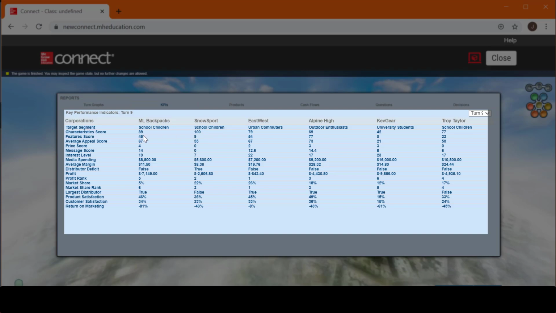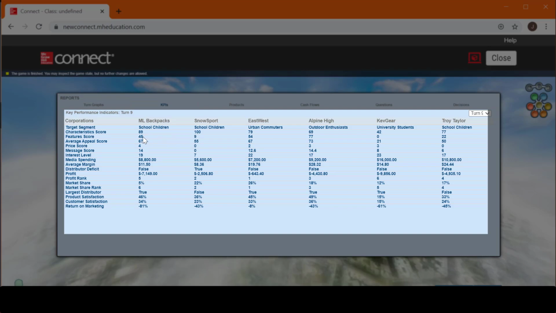Feature score takes a look at the different things you can add on to the backpack, like a solar panel or a GPS or a university logo, things like that, and how well they appeal to my target market. Again, you can hover over any of these at any time to give you an idea of what they're measuring. I can see my feature score, I got a 45. My competition only got a 9.